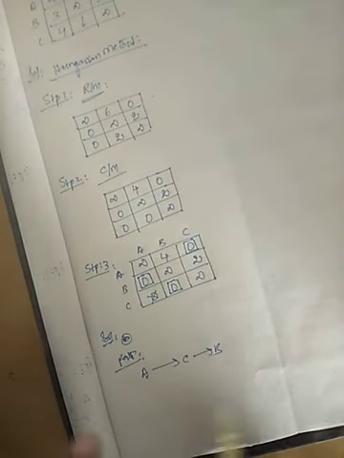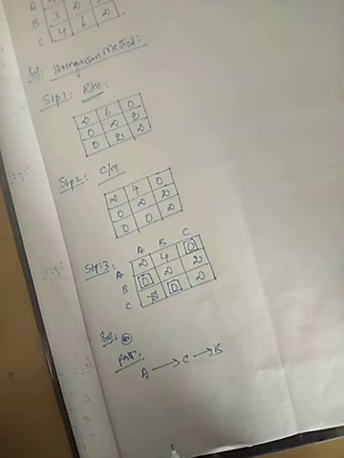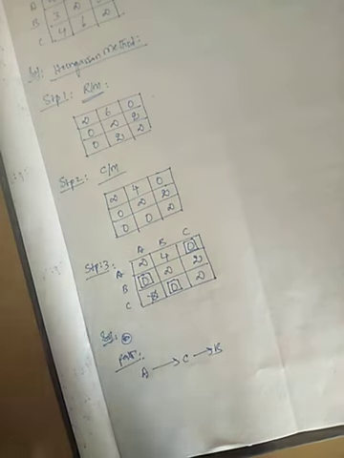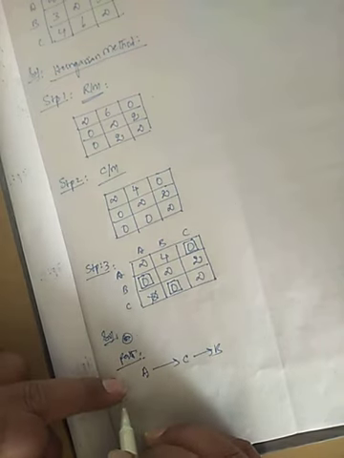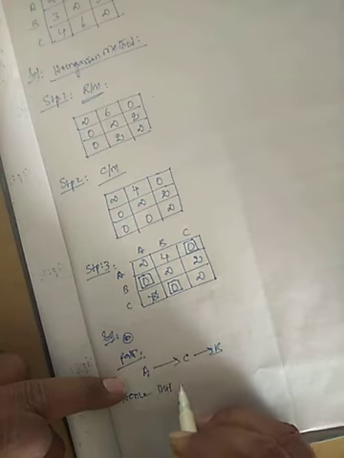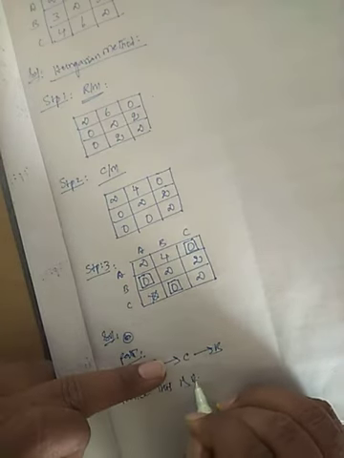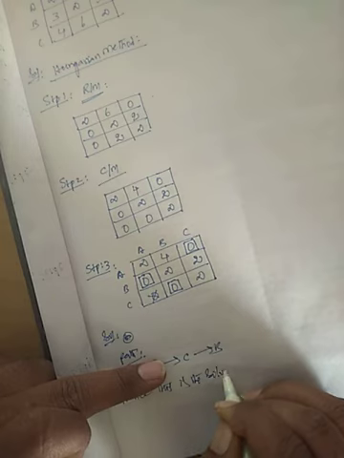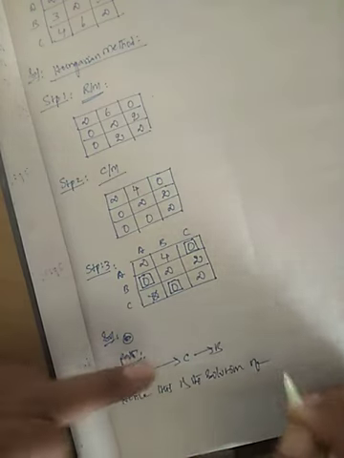No. Every city has been getting onto the path only one time. There is no repetition. Hence, this is the solution of TSP.